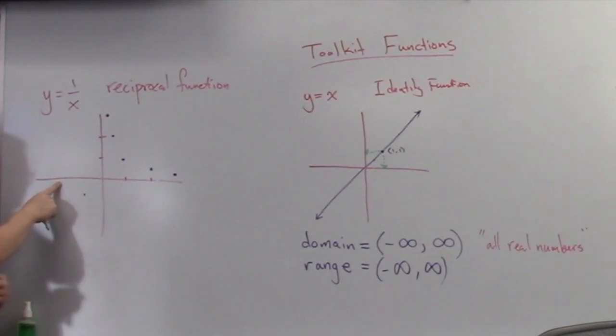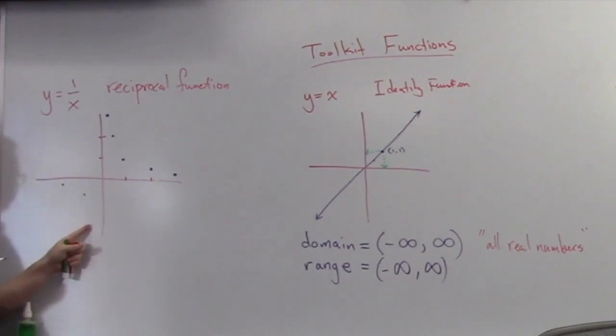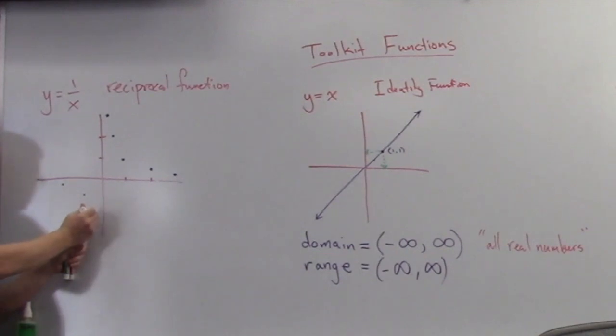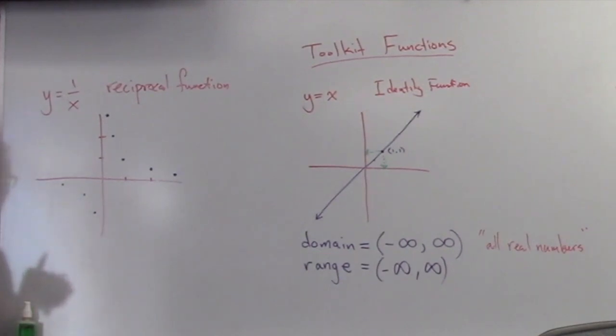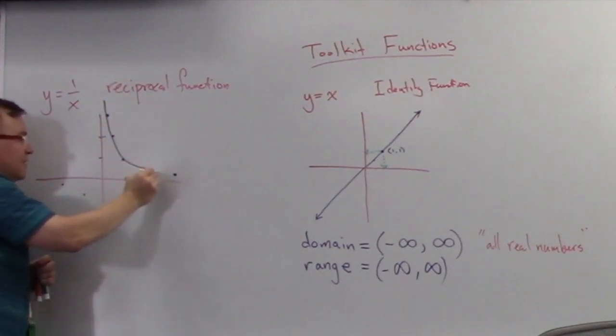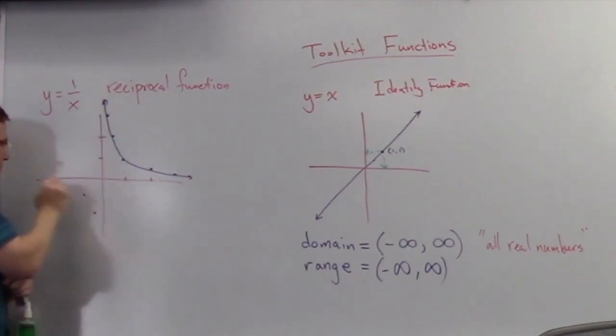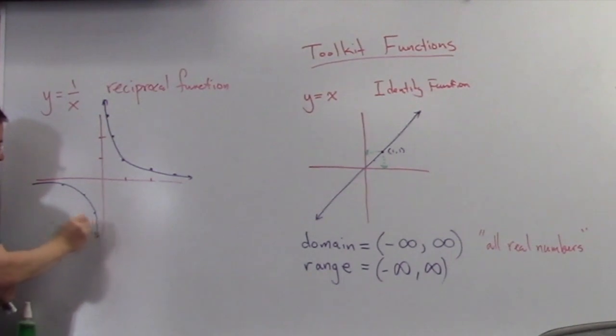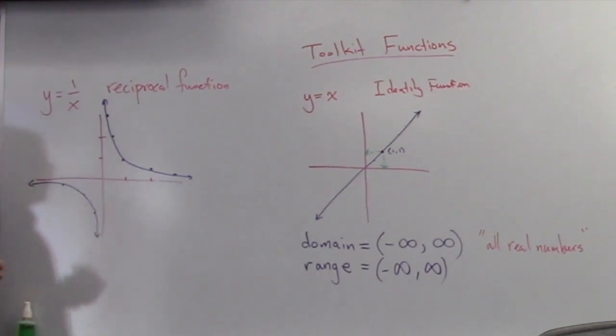If x equals -2, then y equals. Likewise, if x equals -1/2, y equals. Long story short, this is what I'm referring to when I speak of the reciprocal function.